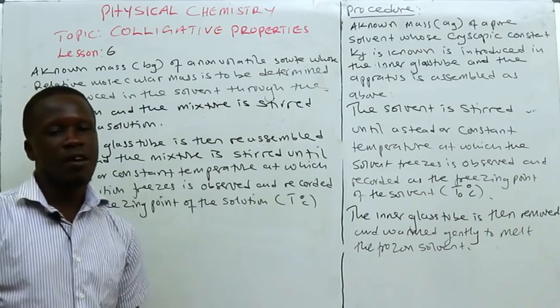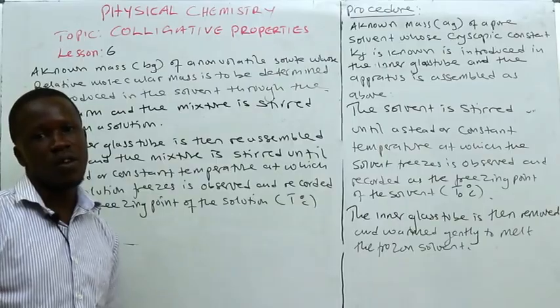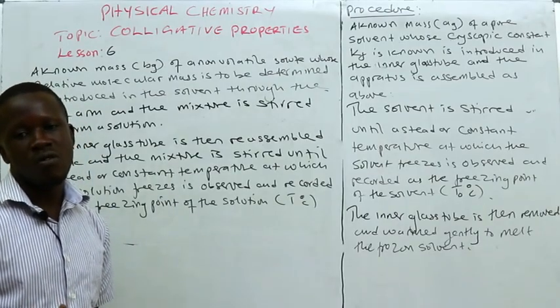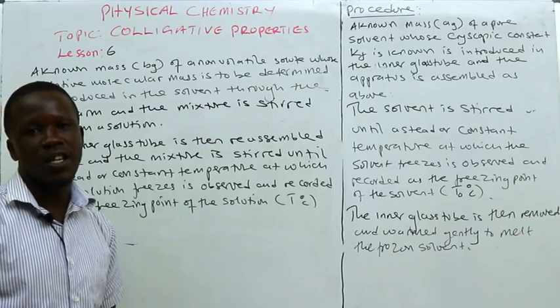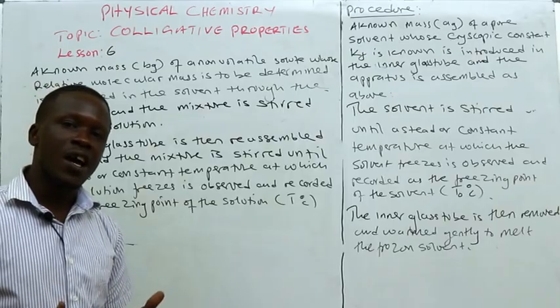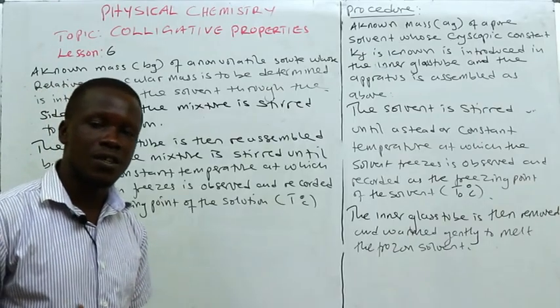Now, in all experiments that we are asked in physical chemistry, we are required to draw the setup of the apparatus that is used. We are required to describe the procedure, and the procedure doesn't end until we have treated the results.